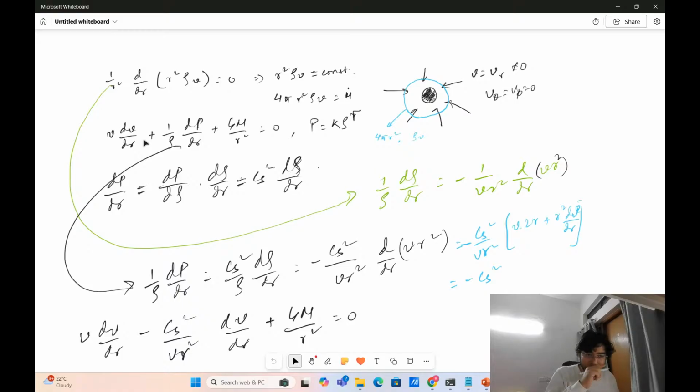So this GM by r square is this GM by r square. This is v dv/dr, and for dp/dr we have cs square d rho/dr. 1 by rho dp/dr is cs square by rho d rho/dr.